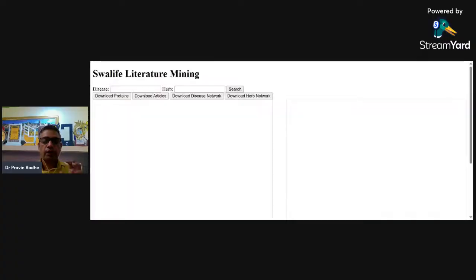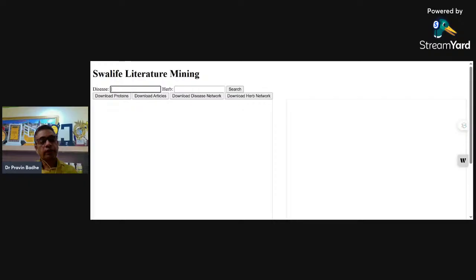When you are doing network pharmacology, one of the major first steps is to identify different proteins in the disease. But also you need to mine the literature. So here we have developed a tool which we call Swalife literature mining.